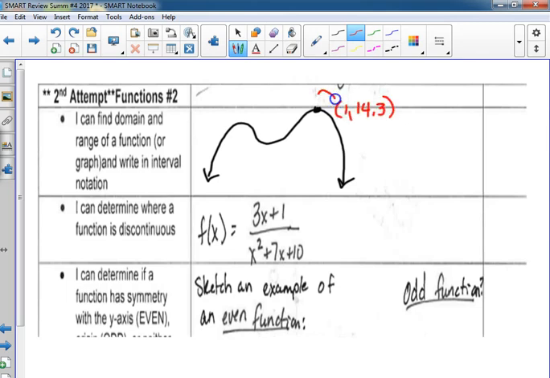If that was that ordered pair, how would you write the range for this? Domain's all real numbers. Range is bottom to top, inclusive because it hits that value. Everybody okay? All right.